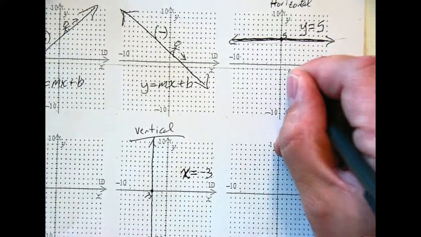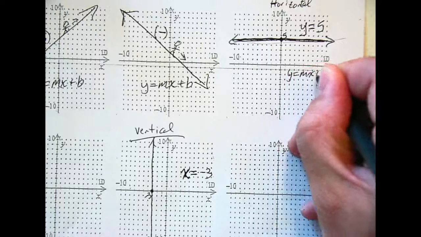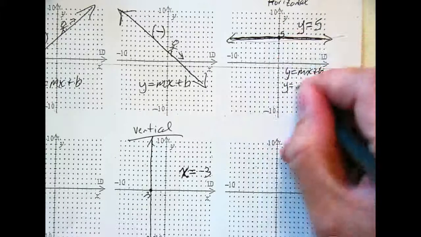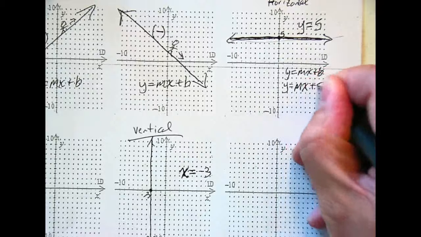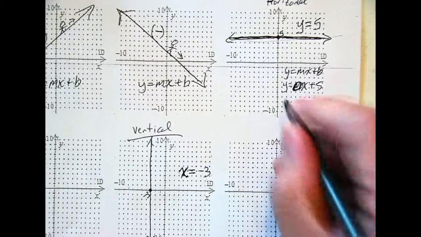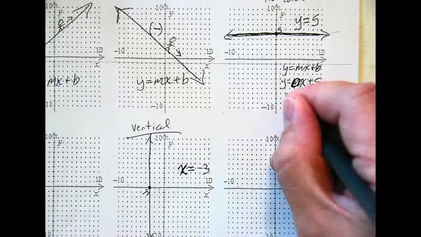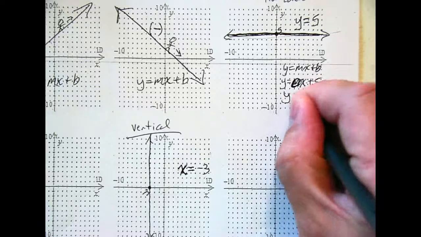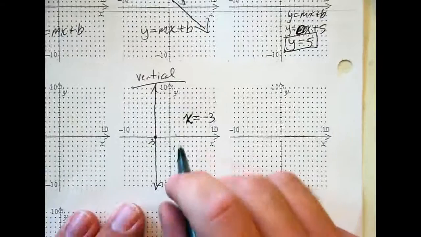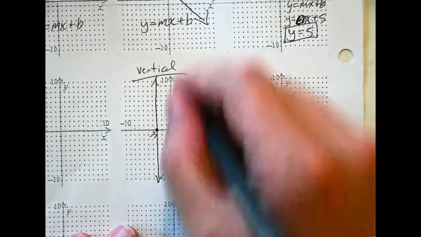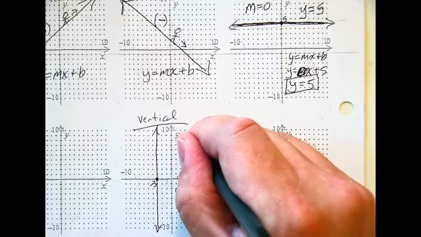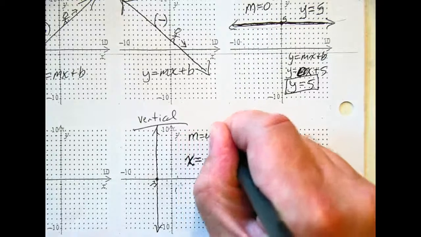Now, if you think about y equals mx plus b, I know the y-intercept is 5, so I have y equals mx plus 5. If I put 0 in for the slope, what happens to this x? 0 times x is 0, so we get y equals 5. That's how we get that equation. What's this slope? This is undefined slope. So here, m equals 0. Here, m equals undefined.